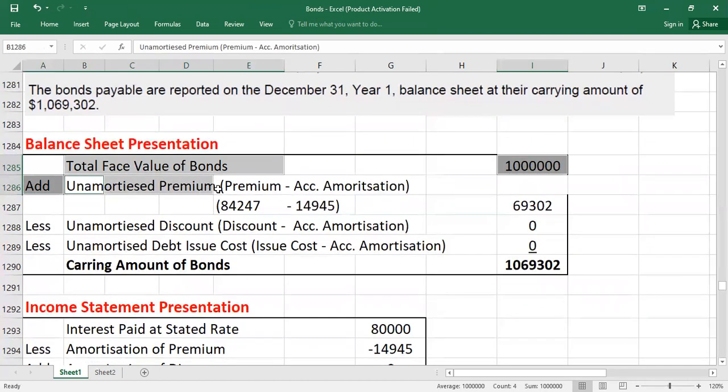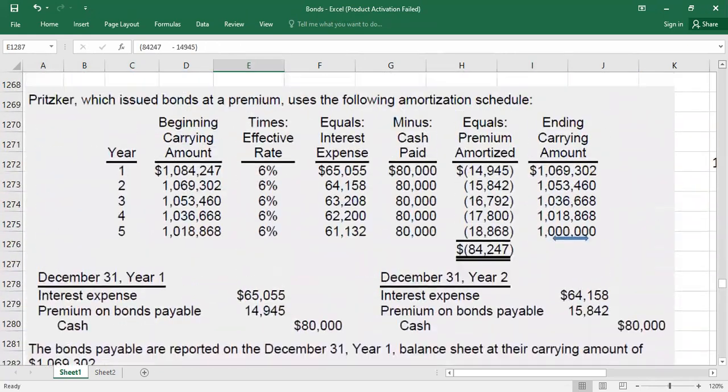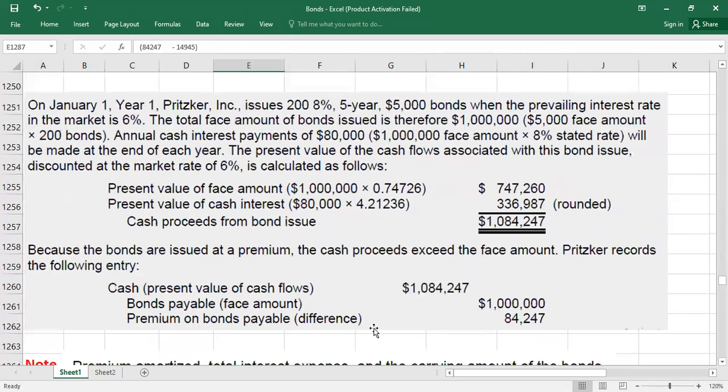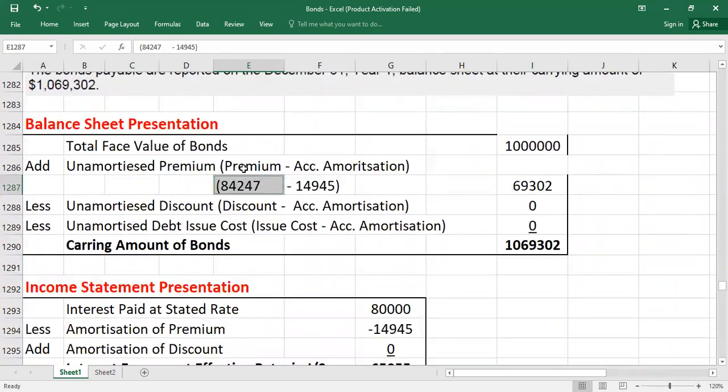As I told you, you need the amount of premium minus accumulated amortization. And don't forget, we are sitting in the first year. The amount of premium was a total of 84,247, because when you recorded the entry for issuance of bonds, you recorded bonds premium 84,247. So you take this value there.